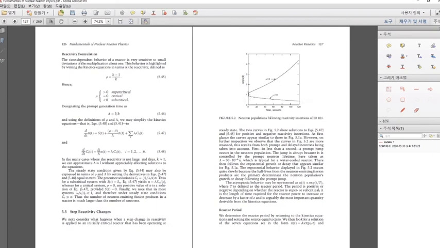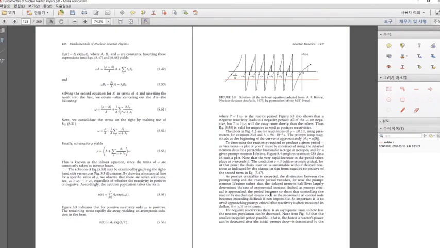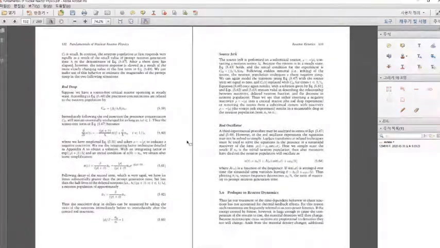This sudden change is called the prompt jump. The magnitude of a prompt jump can be calculated by using the fact that the precursor concentrations do not change significantly in a very short time.